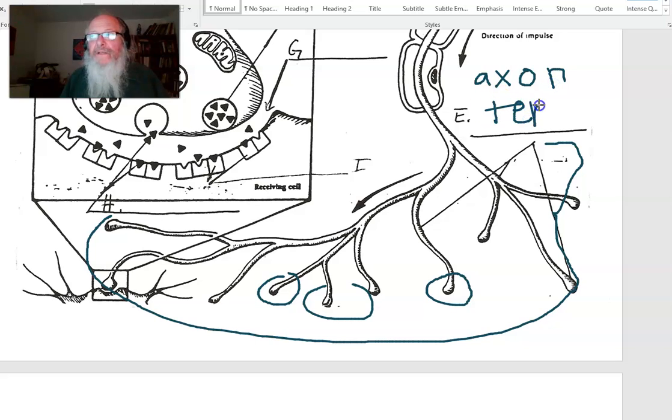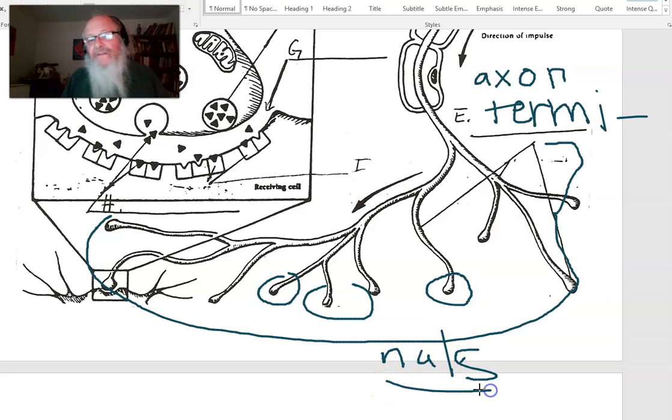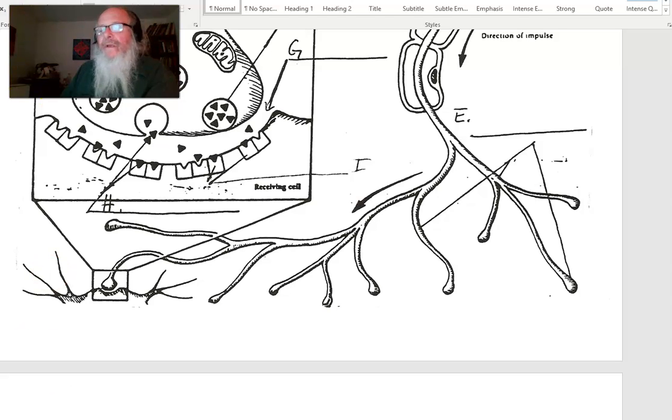As I mentioned earlier, if you continue to study this material, you'll sometimes see them called axon terminal bulbs, axon terminal buttons, axon terminal boutons, in a couple of the videos that we'll look at. But for our quiz language, we're going to talk about them as being axon terminals.